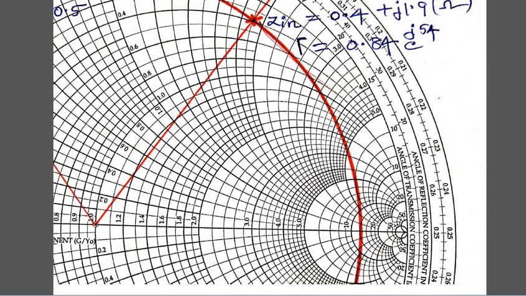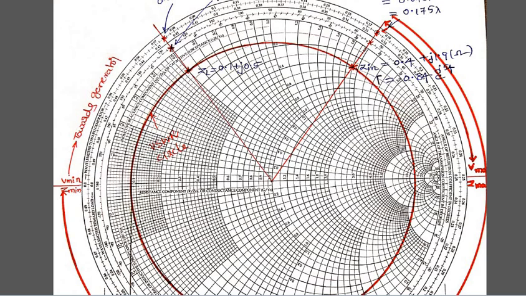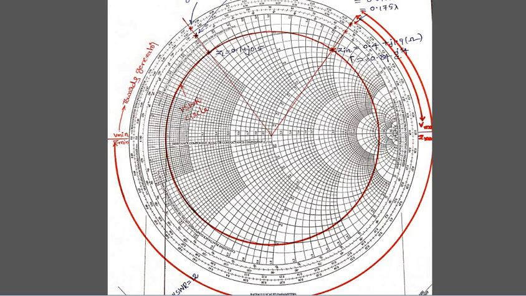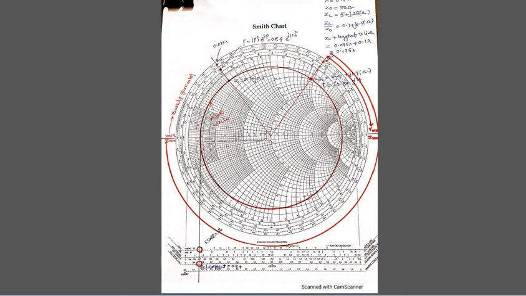Up to this, just a brief on how to use a Smith chart. This is the complete diagram. First what we have done, we marked this ZL. Then we drew the VSWR circle from the origin, extended to get VSWR and reflection coefficient. The reflection coefficient angle and wavelength were found.